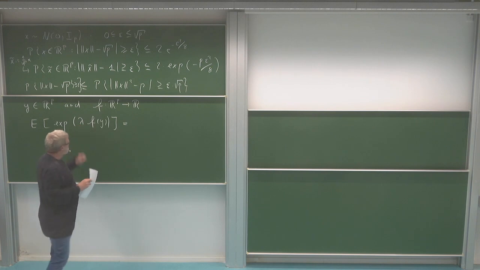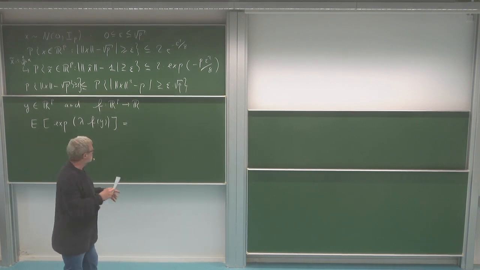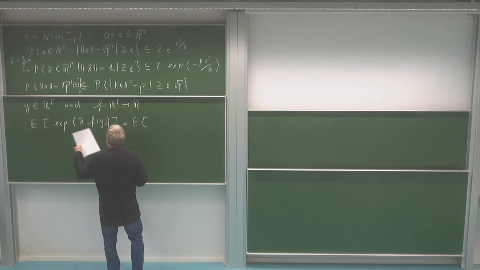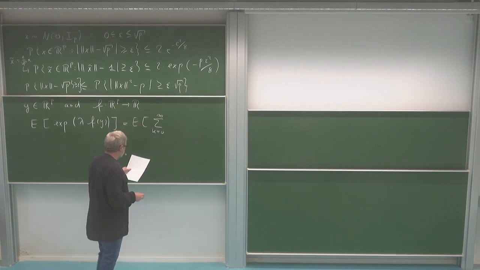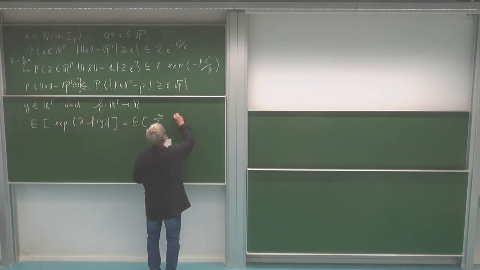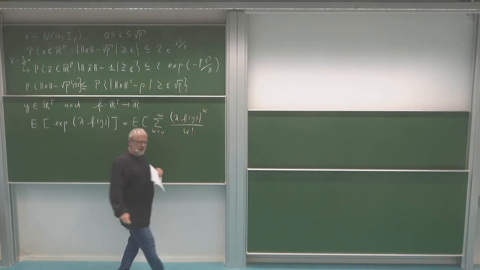And maybe let me expand the exponential so that we see that this is really a generating function in the moments. What I have here is the expectation of the exponential of this. If I do the power series expansion, it is the sum from 0 to infinity of the argument to the power k, and the argument here is lambda f(y), to the k, divided by k factorial.